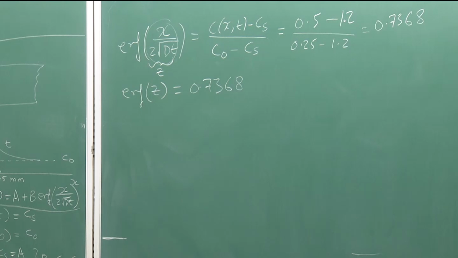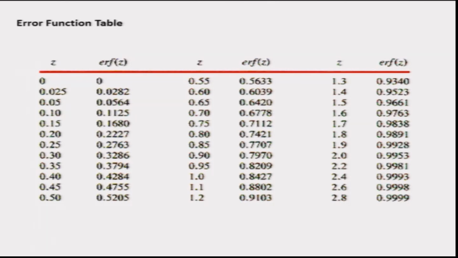So, if I go to the error function table, what you see here are, for different values of z, the error function of z. So, for 0 it is 0, for 0.1 it is 0.1125, for 0.5 it is 0.5205 and so on, and as you can see, as z is increasing, the error function values are also increasing, and obviously for large values of z it will be very close to 1.